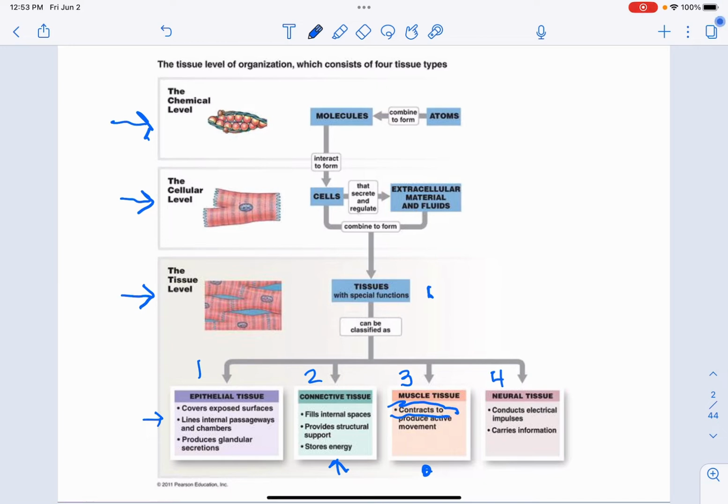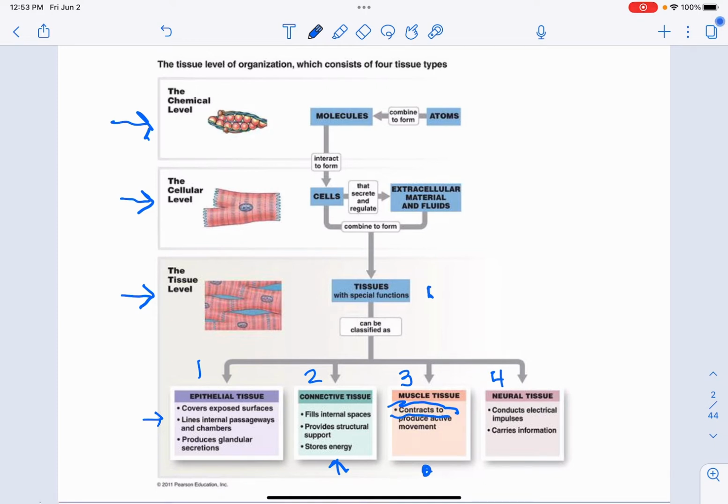And then the 4th type of tissue, which you will see much later in the course, is neural tissue. And that includes the brain, the spinal cord, and the peripheral nervous system. All right, and this tissue can communicate by electrical and chemical stimulation.